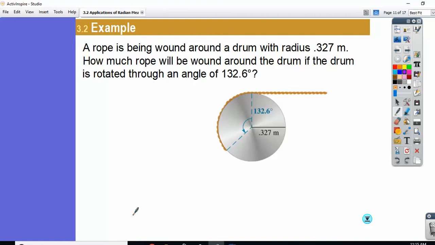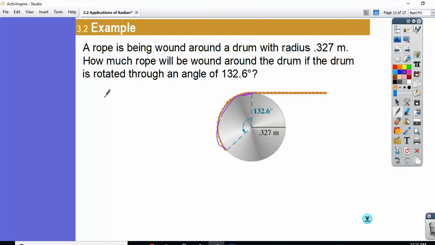So a rope is being wound around a drum with a radius of 0.327 meters. How much rope will be wound around the drum if the drum is rotated through an angle of 132.6 degrees? So if I'm talking about how much rope, the rope is going around the outside. What variable is the distance around the outside?